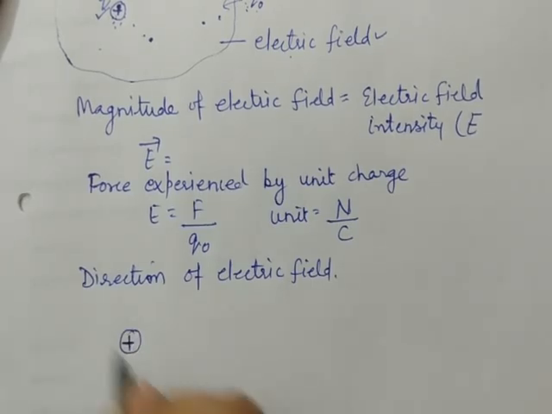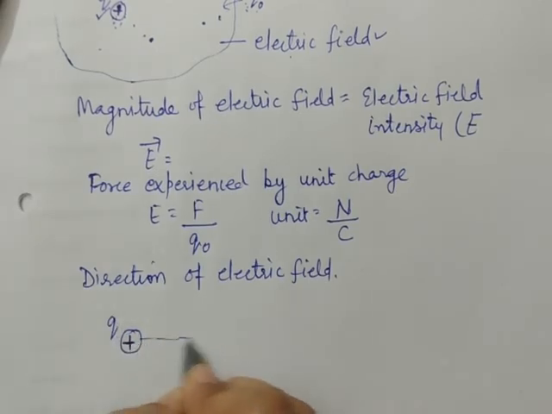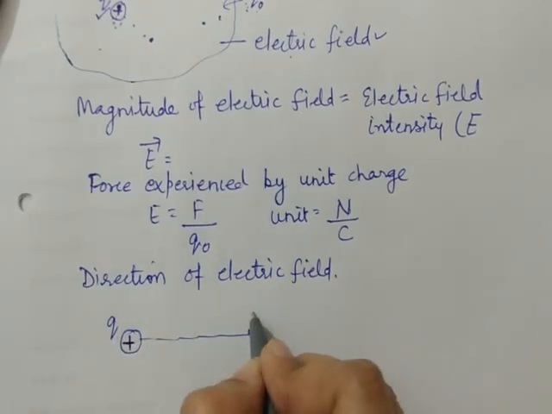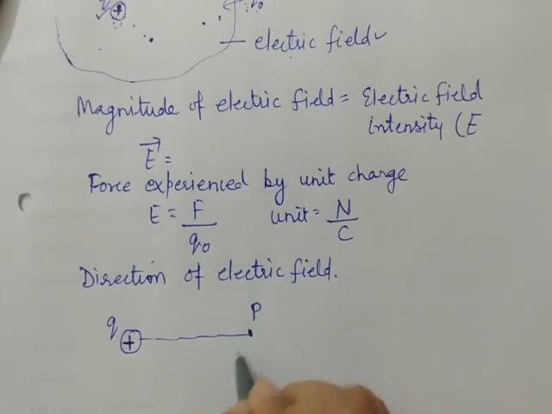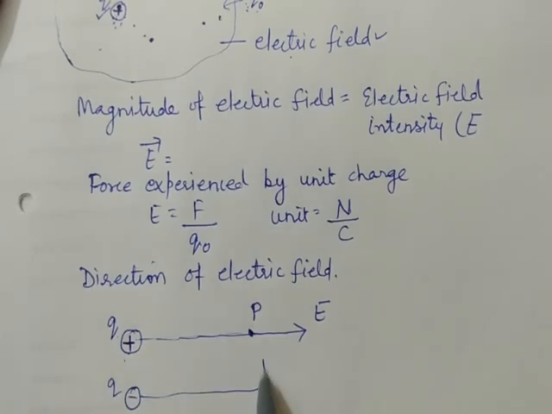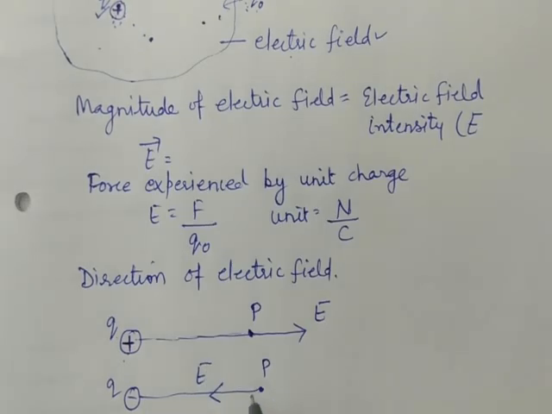If we have a positive charge placed at one point, and at point P we have to find the direction of electric field, then it will always be away from the positive charge and along the line joining this point and the charge. So this is a positive charge, and electric field at P will be away from it. If the charge which is already present is negative, then at point P electric field will be towards the negative charge.